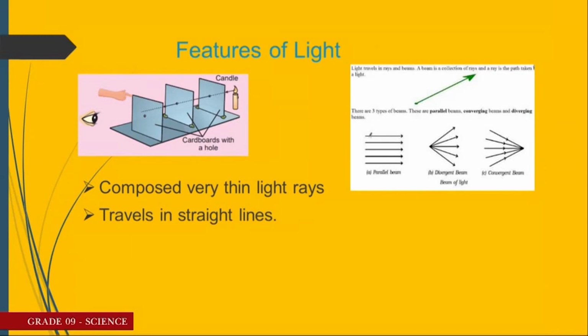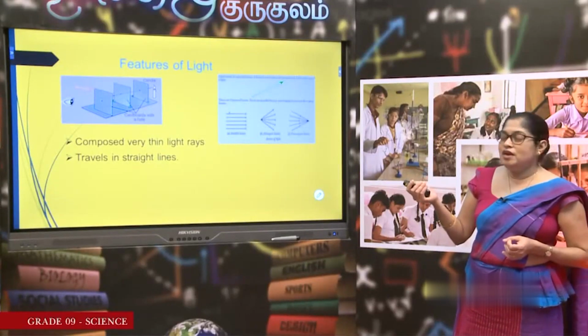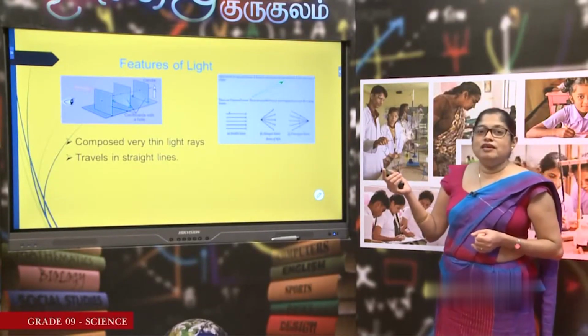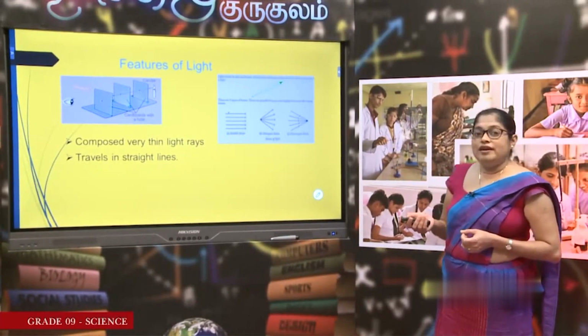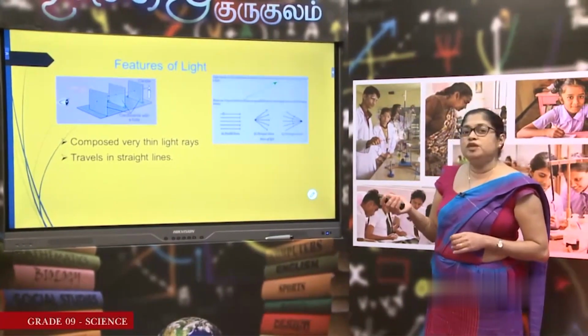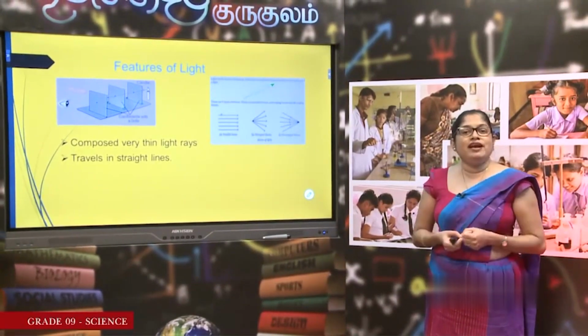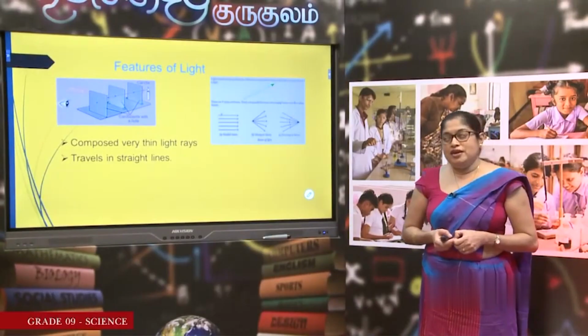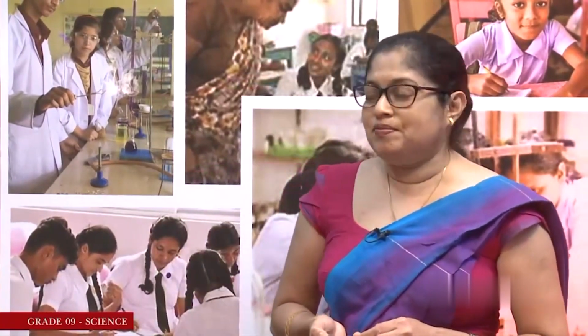The observer is on this side. So, when you observe through the holes, you can see the candle light. But next, if you change the position of one cardboard, will you be able to see the candle light? No, it is because light travels in a straight line.